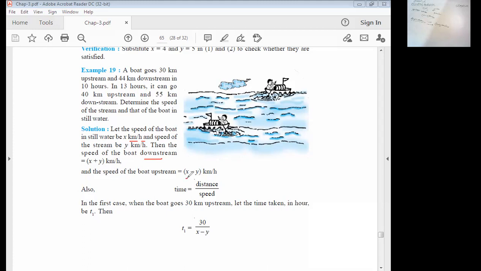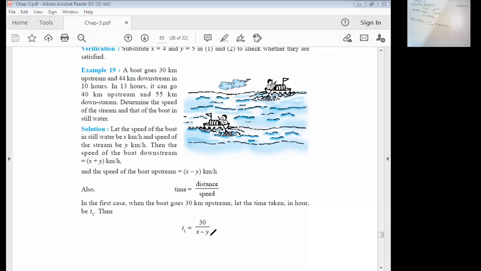Look here. Right? Now, according to the given condition, first we need to calculate the time taken by the boat in 30 kilometer upstream and the time taken by the boat in 44 kilometer downstream. So in the first condition, 30 kilometer is upstream, so what is time?